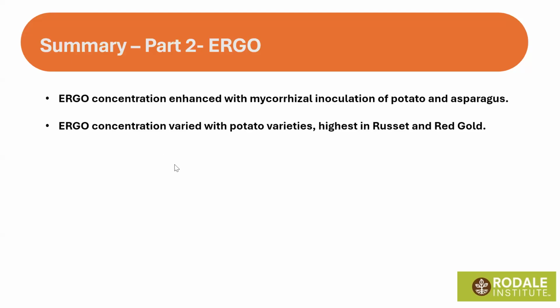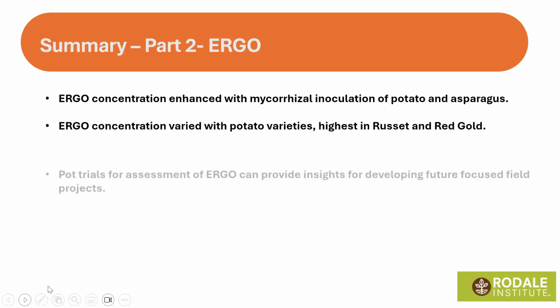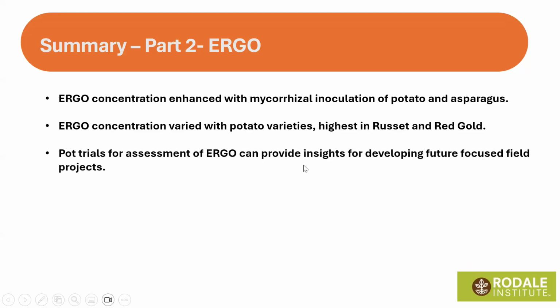So to summarize this part, we found that inoculating mycorrhizal fungi in potato and asparagus enhanced ergothioneine. The different varieties of potato may show different levels of ergothioneine, and the work in any of these pot trials is one way of assessing and giving us insight for developing future field work.